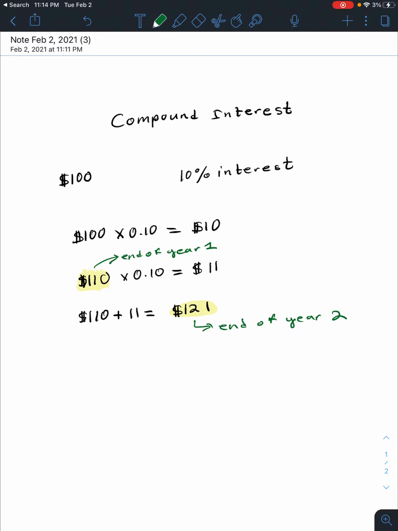So back to this question, you had $110, and once again, it was 10%, and we got 121. But the way that you saw me do that was you saw me take 110 and multiply it by 10%, take that and add it to 110. But let's say that I wanted to find the answer directly. If you have $110 and that does not change, you have 100% of your money.